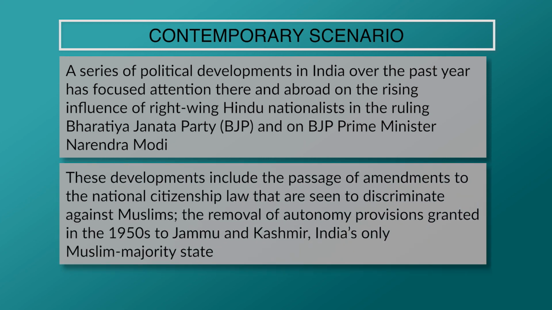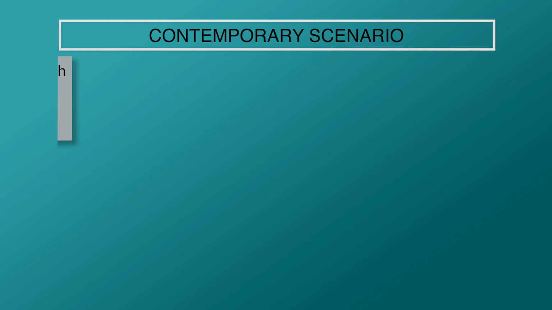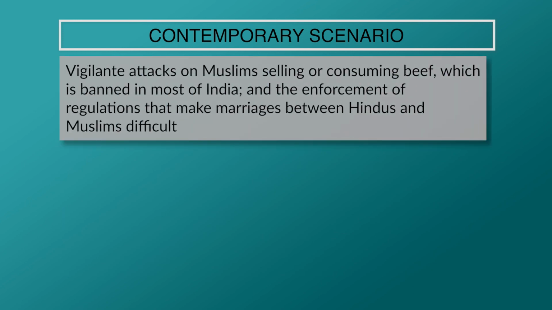These developments include the passage of the amendment to the National Citizenship Law that has seemed to discriminate against Muslims, the removal of autonomy provisions granted in the 1950s to Jammu and Kashmir, India's only Muslim majority state, etc. There are also instances of vigilante attacks on Muslims for selling and consumption of beef, which is banned in most parts of the country, and the enforcement of regulations that make marriages between Hindus and Muslims difficult.